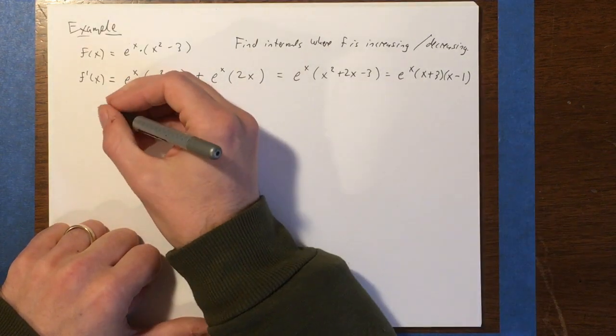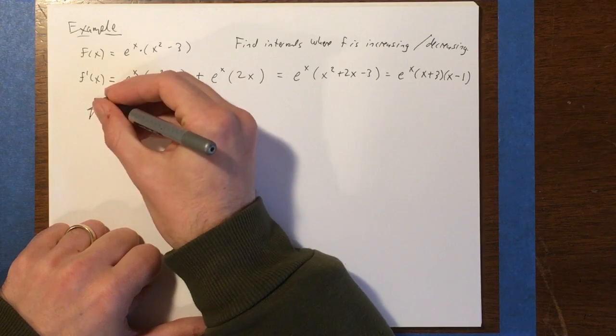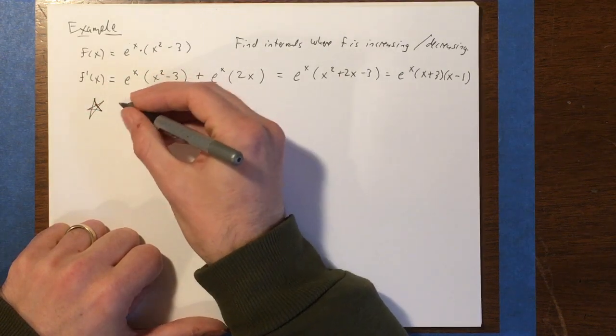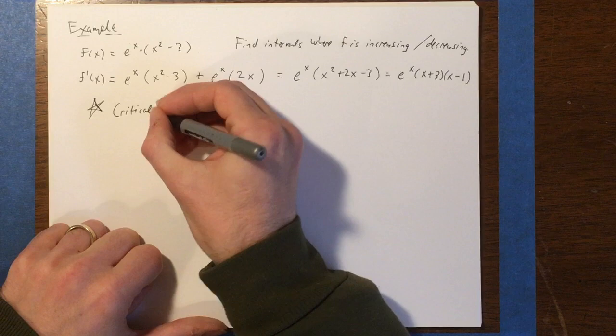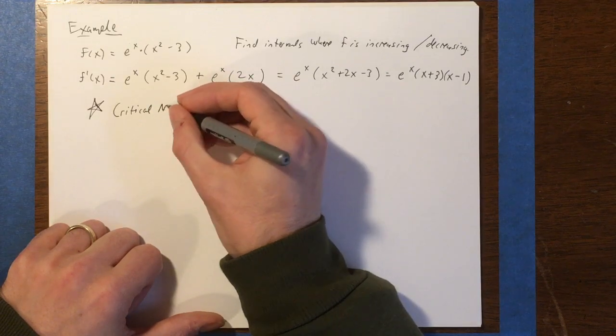So the next thing to say is a really big important thing here. Remember how we defined critical numbers back in 4.1?